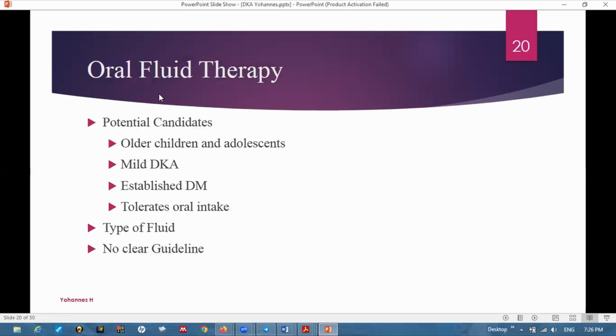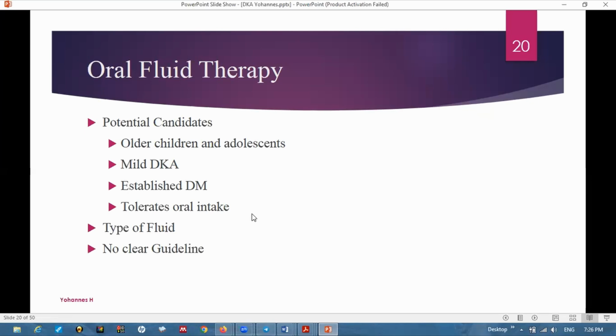Sometimes in patients with mild DKA and age greater than 5 years, we can resuscitate them with oral fluid therapy. These are the candidates: mild DKA, older children greater than 5 years, if it is established that the patient is tolerating oral intake.